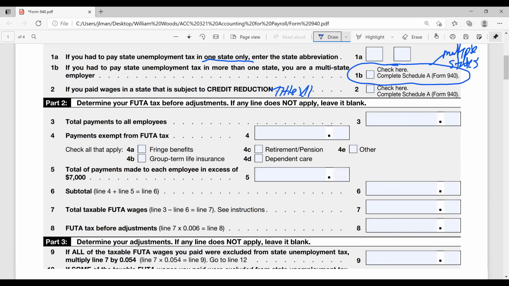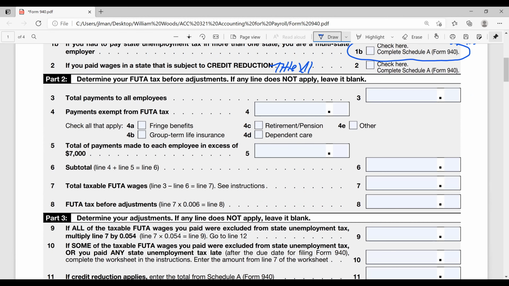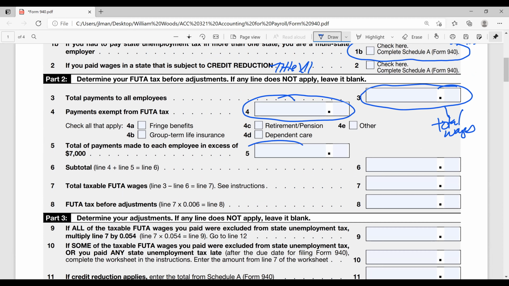All right, total payments to all employees. So this would match our total wages from the Form 941, right? This is our total wages. Any payments exempt from FUTA tax, total payments made to each employee, and then why they're exempt.